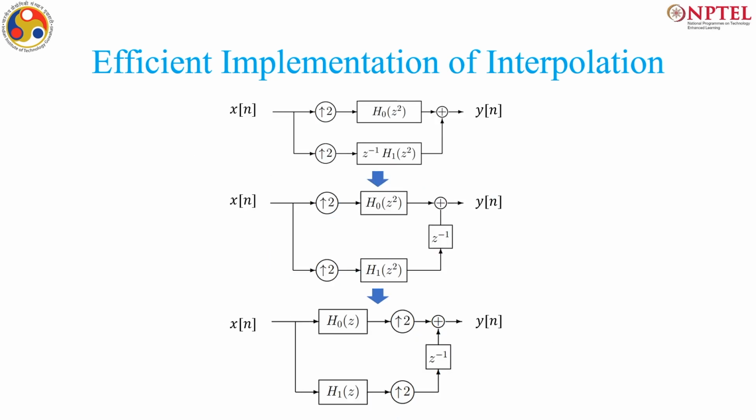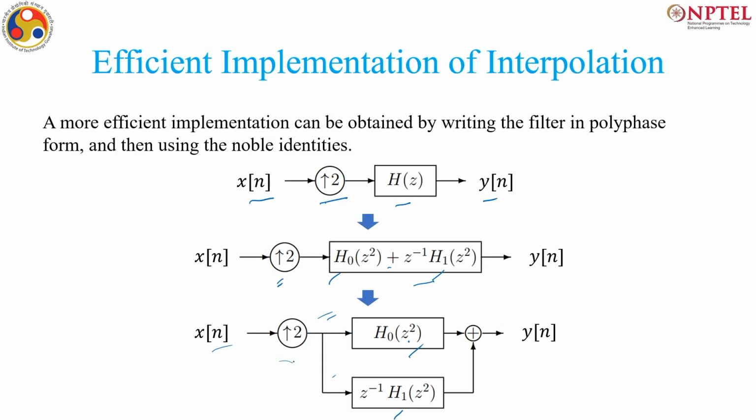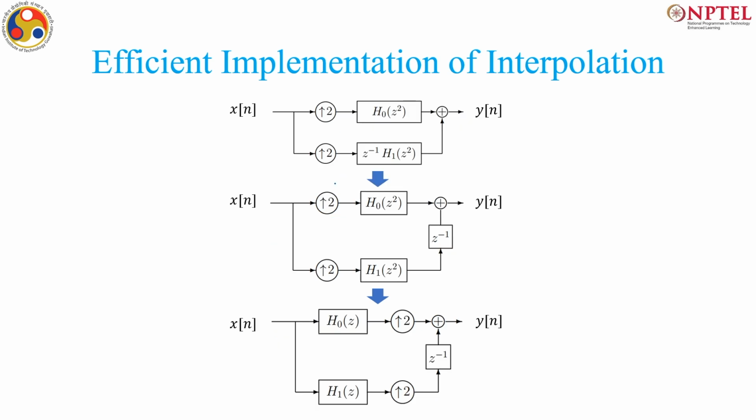Let us see. So, now if I just bring this upsampler to each block like this, I have brought the upsampler before each block separately. And why did I do this? Again, in this step I just cascaded this because this is a product in Z, so I can cascade the z inverse here.